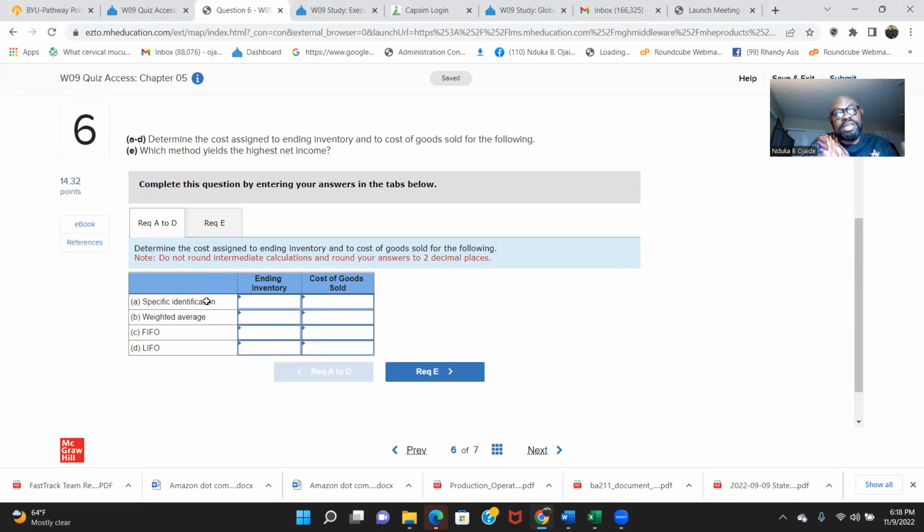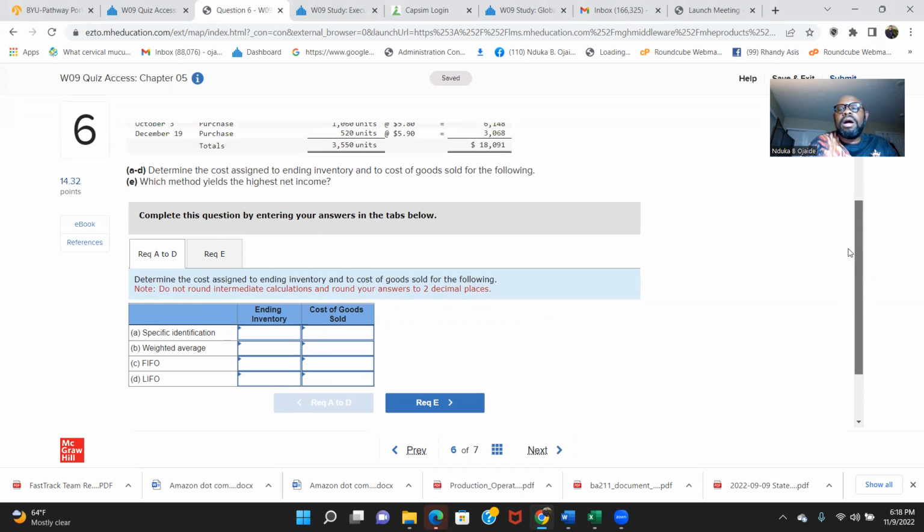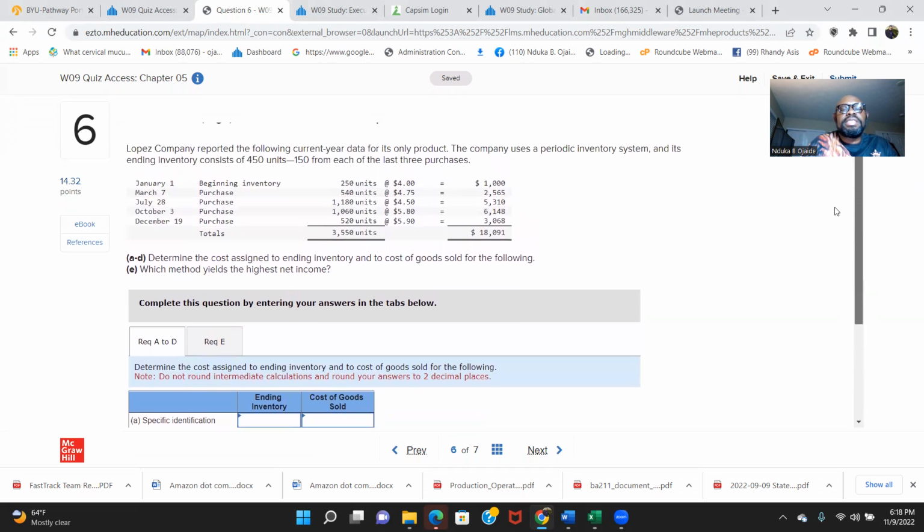Specific identification, you need the invoice for the particular purchase to be able to calculate it. So to do that, we take the ending inventory, which is 150 units here, 150 units here, 150 units, the last 3 purchases.